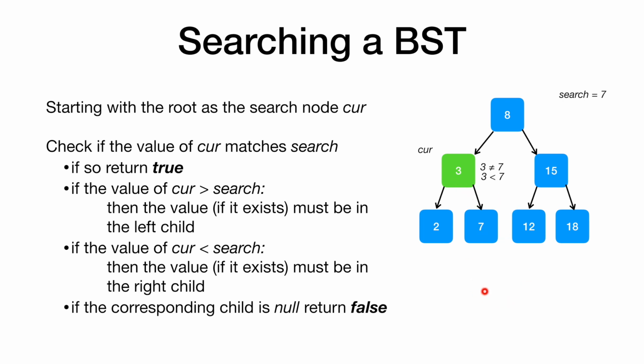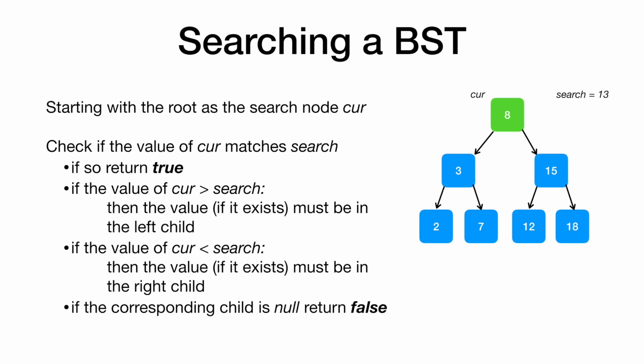I don't necessarily know how big that subtree is, I just know it exists. So we do that, and now the current node is 7, and it turns out 7 is equal to our search, so we return true. We recursed all the way down and got to the node we were looking for, so that value is in our tree.